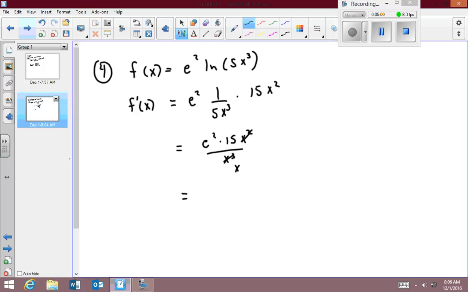Now you could go ahead and find out what the e squared 15 is going to be. That's going to take using a calculator.